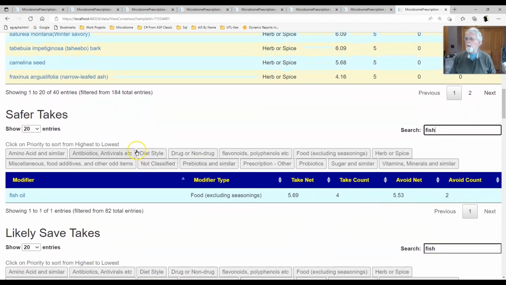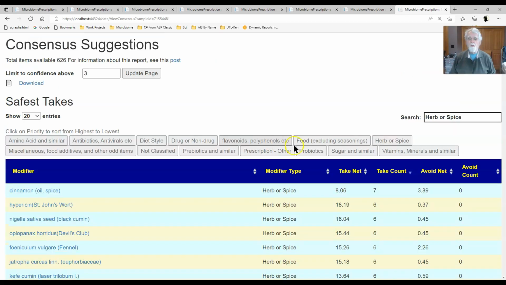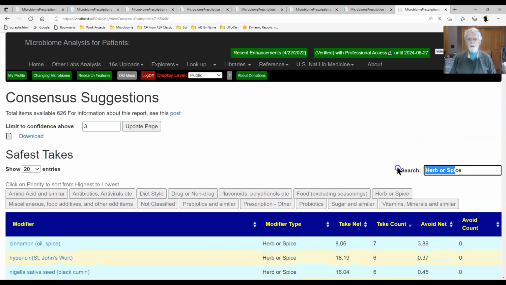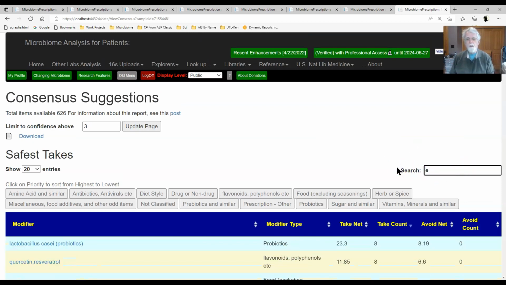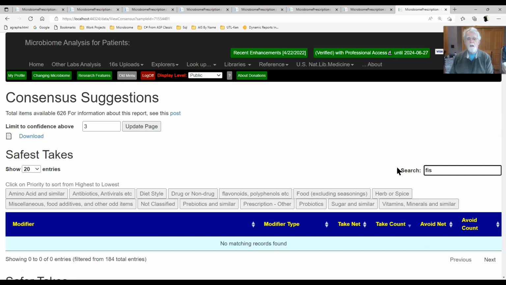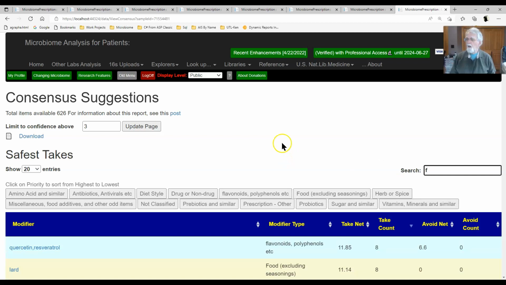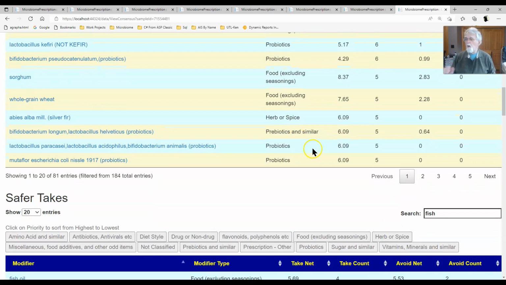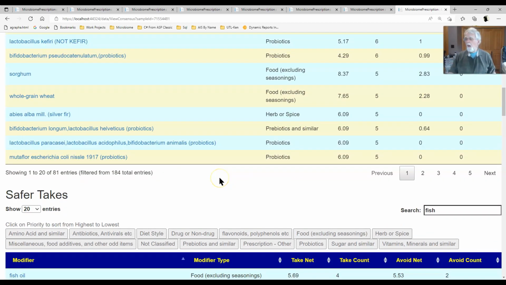Fish oil is there. It's a safer take, which is good. And let's type in here and see if we find it. Okay, so we probably don't have fish oil, which is probably the closest to it.